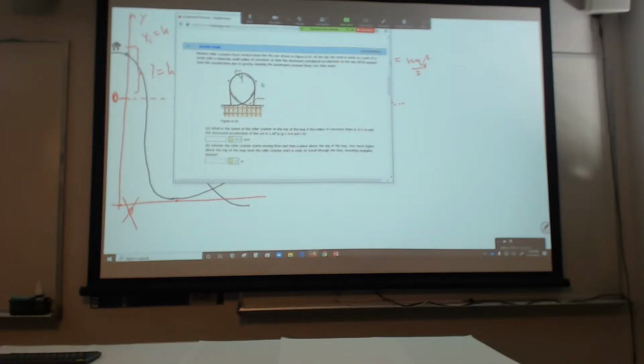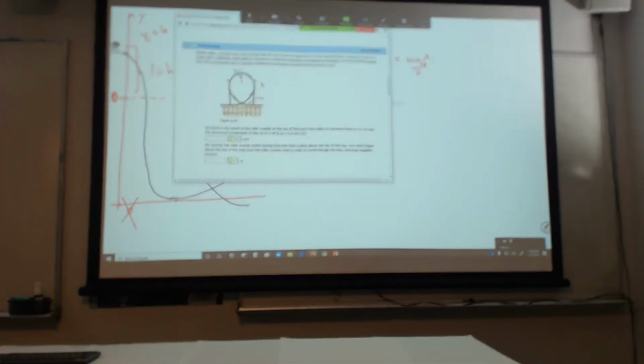It says, assume the roller coaster starts from rest. Rest is important. So no kinetic energy. And this is how much higher above the top of the loop in order to travel through. All right. What does it mean?